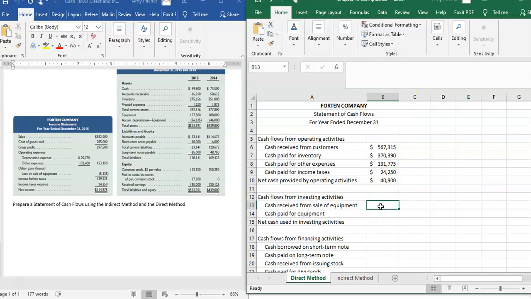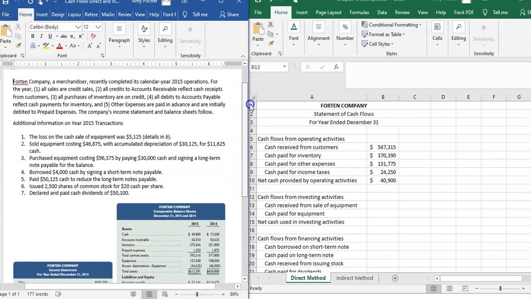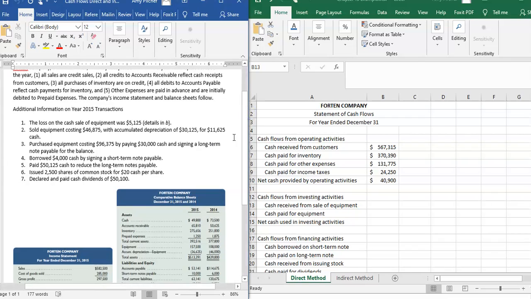Then we're going to move on to our investing activities section. This is where we're going to look at anything that happened to our long-term assets. We can see that there is a change in our equipment account. And we need to look at any information that we have up here.